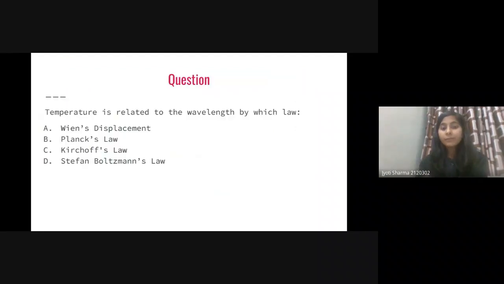Okay, there is a law that defines the relation between temperature and wavelength, and you have to tell me which law we are talking about. The options are Wien's displacement law, Planck's law, Kirchhoff's law, and the Stefan-Boltzmann law.